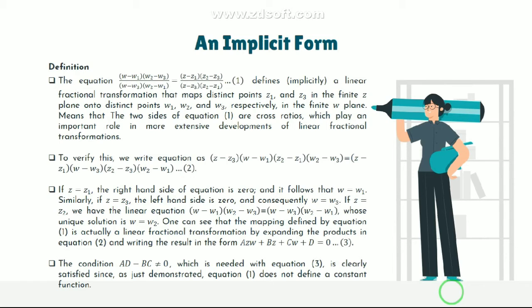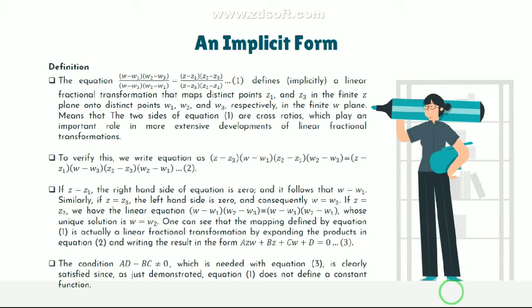We call it equation 1. It defines implicitly a linear fractional transformation that maps distinct points z1, z2, and z3 in the finite z plane onto distinct points w1, w2, and w3 respectively in the finite w plane. This means that the two sides of equation 1 are cross ratios, which play an important role in more extensive developments of linear fractional transformations.